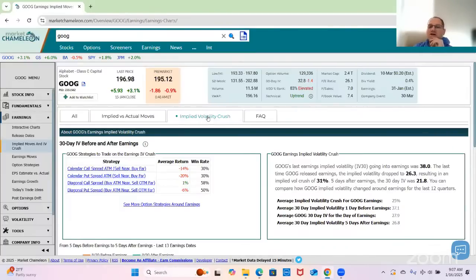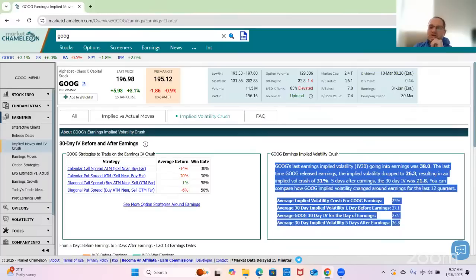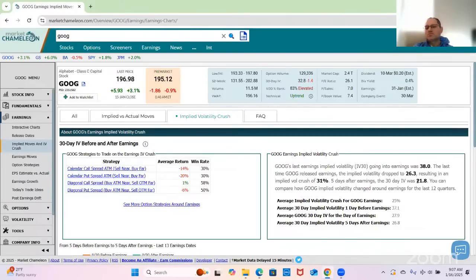Okay. And here we have this summary, and we could see that right before earnings, the 30-day IV. So keeping it, this isn't looking at the 1-day option. It's not looking at the 1 week option. It's looking at the 30-day constant maturity. The implied volatility on average was 37.1.